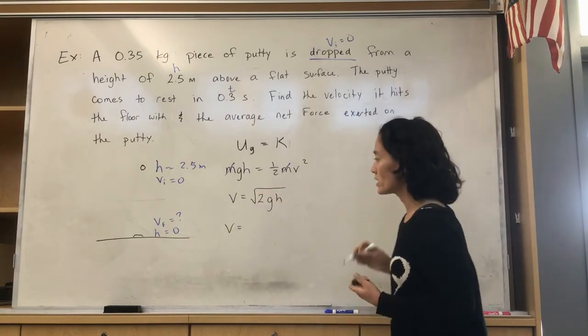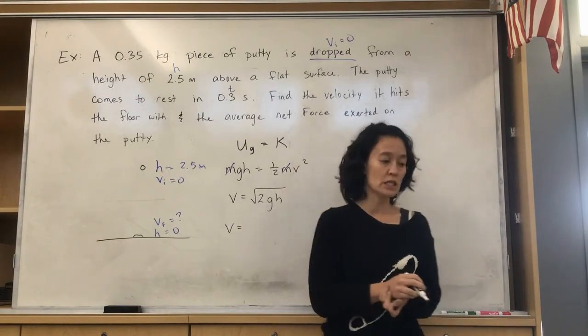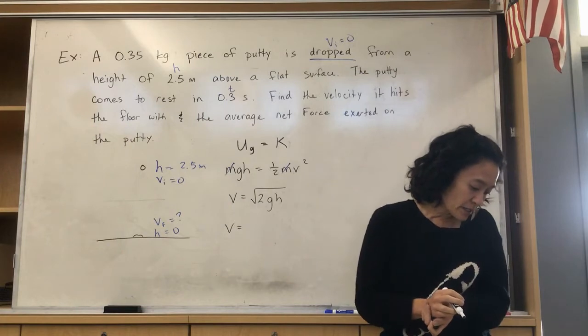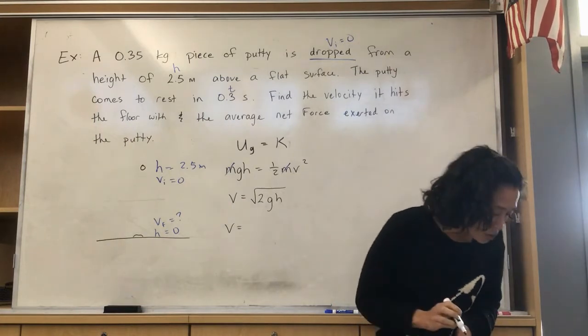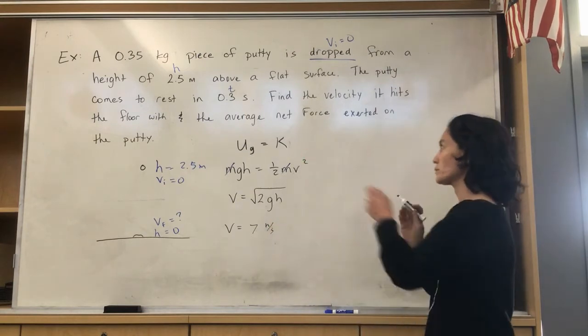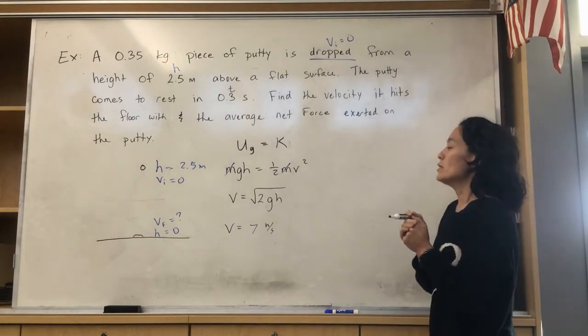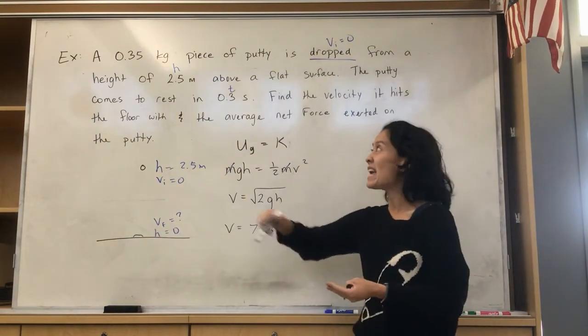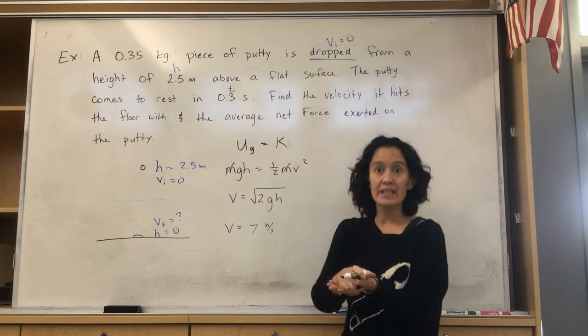You should stop the video and calculate the velocity of this putty before it hits the ground, and I get that it is 7 meters per second. So right before it hits the ground, it has a velocity of 7 meters per second, and then 0.3 seconds later, it comes to rest.